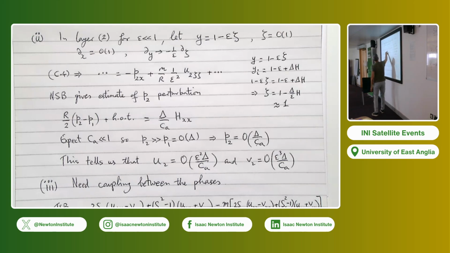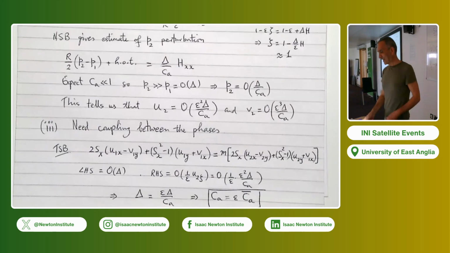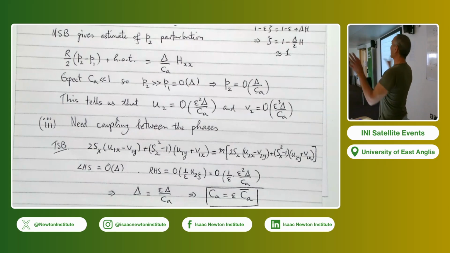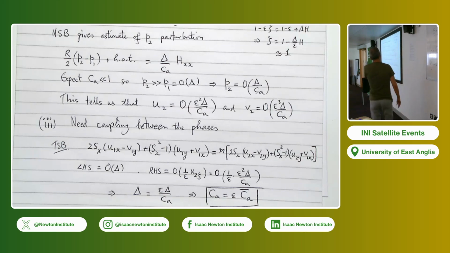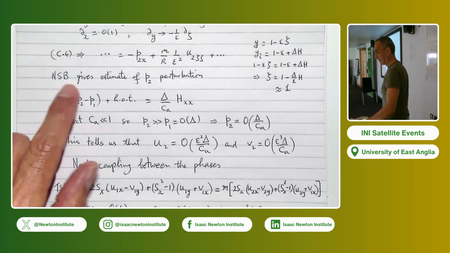Okay, so if I do that, then my Navier-Stokes equations does this. And again, I don't know what the velocities are. I'm going to try and find them. Okay, so this is what the Navier-Stokes equation looks like in the upper layer.